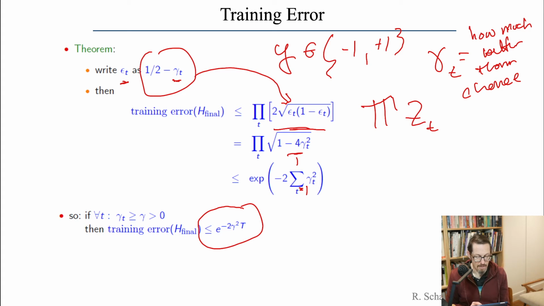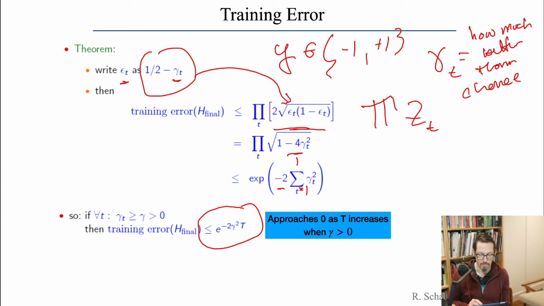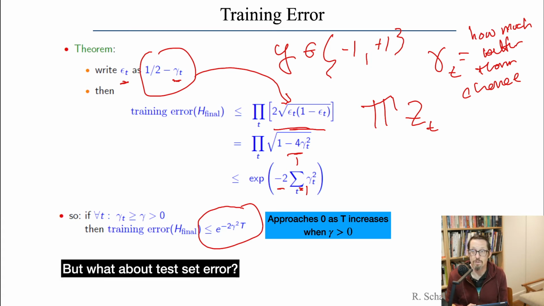So as long as capital T is a relatively large number, even when gamma is tiny, just as long as it's above 0, we're going to start approaching 0 because the exponential is a negative exponential here. Very cool. So it approaches 0 as T increases whenever gamma is greater than 0.